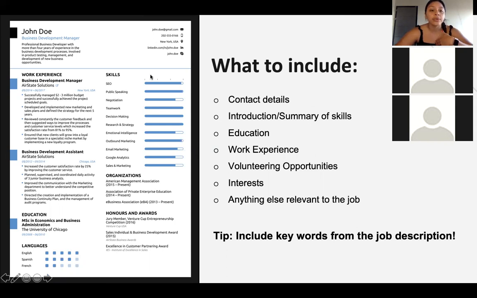So for me, I was a global studies, global business and digital arts student. And then you're going to add your contact information. This can be different. The basic ones are your email address, your phone number, and your location, not specifically, but just in general.